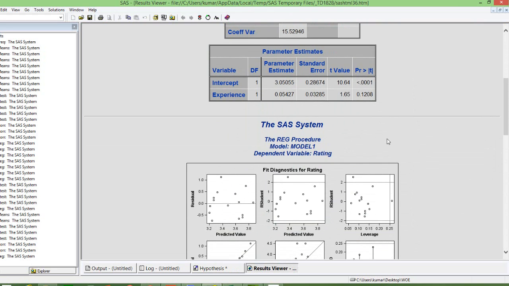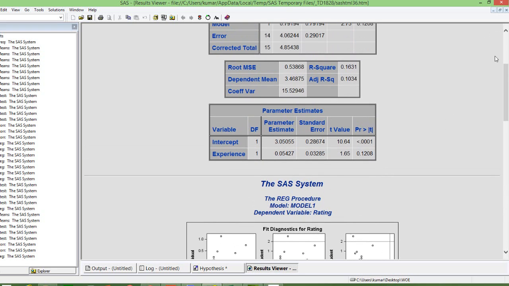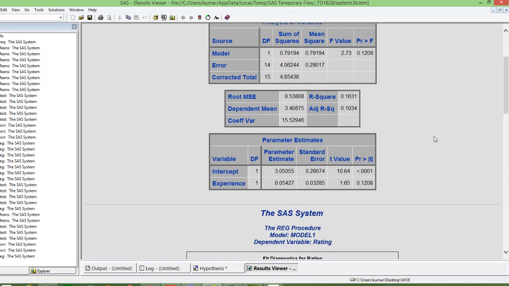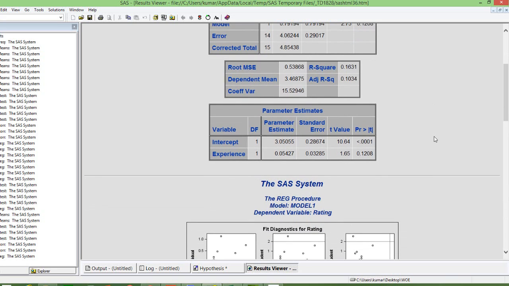In a simple linear regression, we need to know the R square, the intercept and the slope coefficient, right? The R square in this case is 0.16. So it's not very good, but still okay.